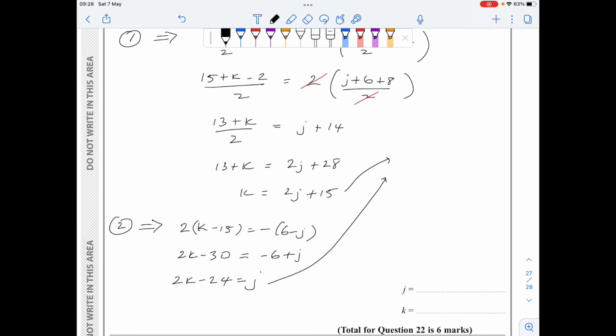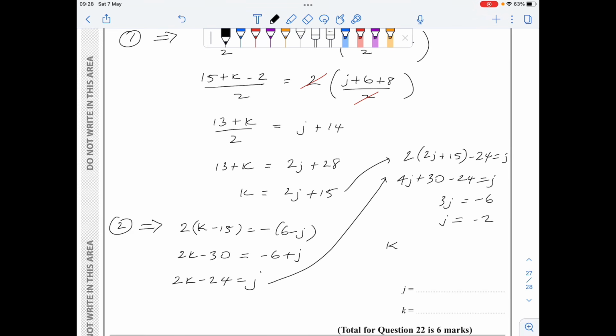So I'll substitute the first one into the second one. 2j plus 15 minus 24 equals j. So 4j plus 30 minus 24 is equal to j, which means that 3j equals minus 6. j comes out to be minus 2.